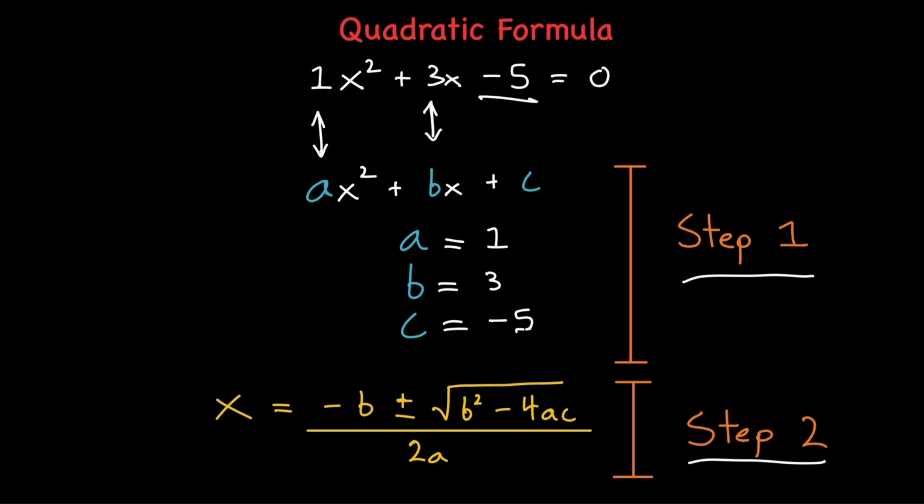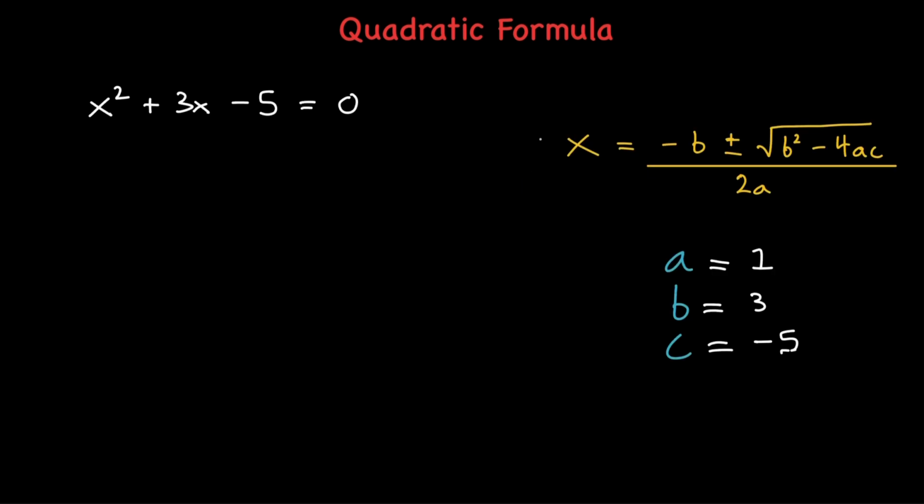formula. And now, using the equation that we have here in the top right, x equals minus b plus or minus the square root of b squared minus 4ac, all divided by 2a, we can solve this formula. So using our values that we have in blue, we can write the first line of the equation.